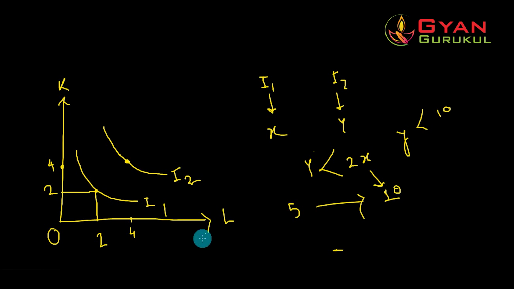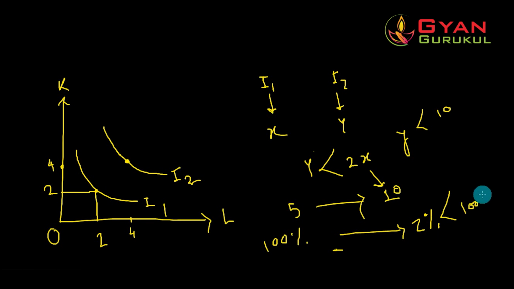That means when we increase the factors of production by 100%, output increases by some percent, let's say z percent, and this z percent is less than 100%, right?